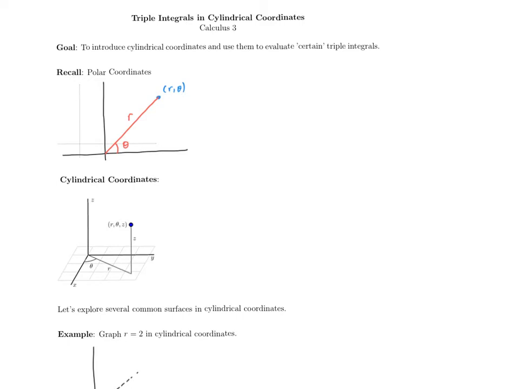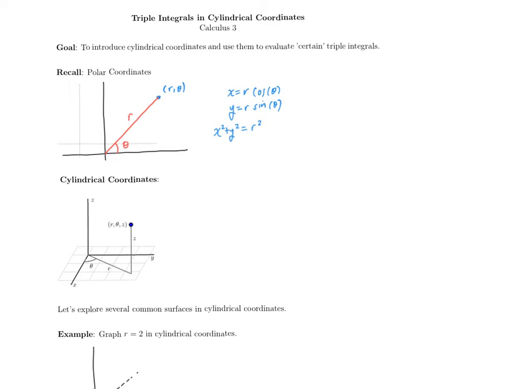And remember the standard formulas relating polar coordinates to Cartesian coordinates. Using some right triangle trig, we have x equals r cosine theta, y equals r sine theta, and then by the Pythagorean theorem, x squared plus y squared equals r squared.